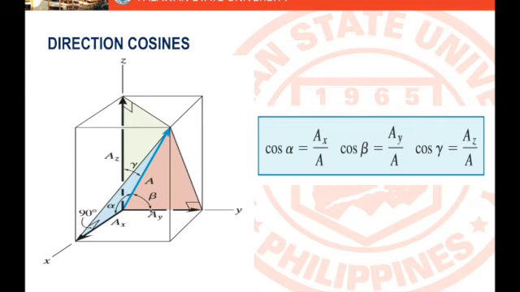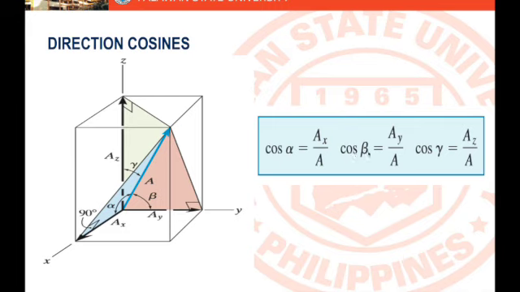For the orange one, ay is adjacent to beta, and for the gray one, az is adjacent to gamma, where all the triangles have a common hypotenuse, which is the magnitude of a. So we all know that the cosine of an angle is equal to the adjacent side over the hypotenuse. So for cosine alpha, that would just be equal to the adjacent side, which is a sub x, the x component, all over the magnitude of our vector a.